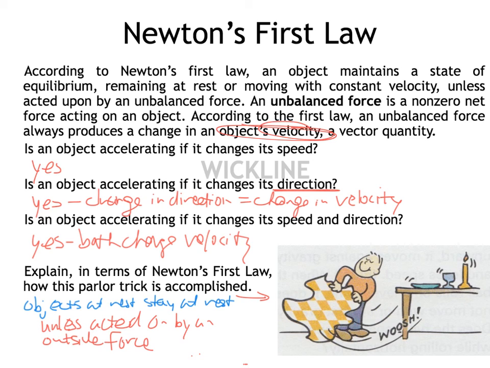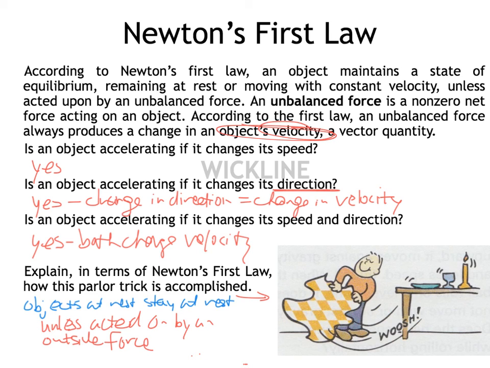But there is a second part of Newton's first law, which says that objects at rest stay at rest unless acted on by an outside force. And some people think about this tablecloth as, well, was this an outside force, though? Because I was able to grab the tablecloth and pull it, yet the other things that were on it stayed still.